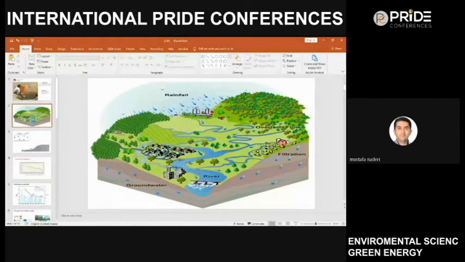Some portion of groundwater flows to the river, known as base flow in hydrogeology or hydrology.